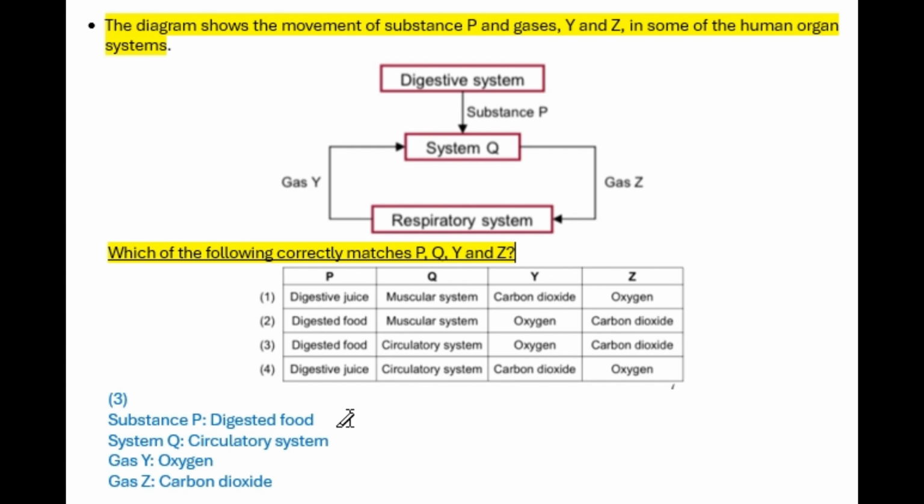Substance P, digested food. System Q, circulatory system. Gas Y, oxygen. Gas Z, carbon dioxide.